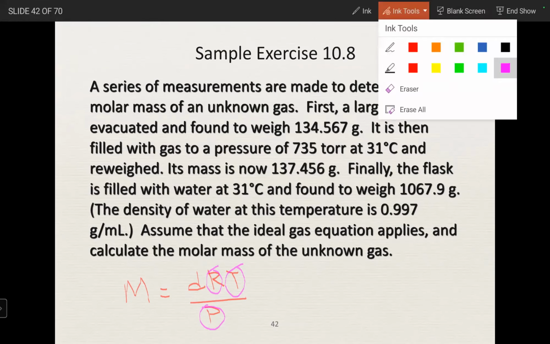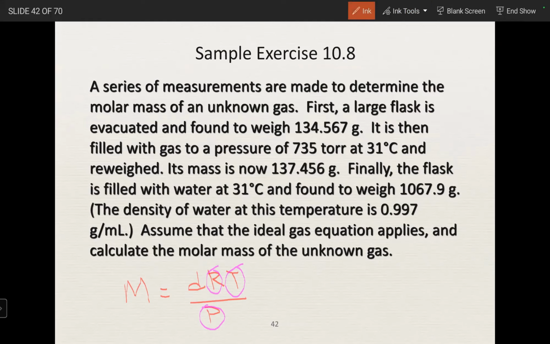But if we look at what we have to start, for the density we need the mass of the gas divided by the volume of the gas. With the math, we could just do 137 point whatever minus 134 point whatever, and that'll give us the mass.